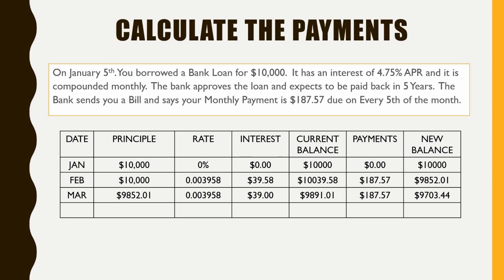That means your $187.57, the second time you make that payment, will actually go towards your principal, because you've already paid the monthly interest from the first payment. Okay? So, fun fact, if you really want to pay off your loan quicker, that's the best way to do it. But again, you won't be able to escape the interest. All right, it's already pre-calculated.